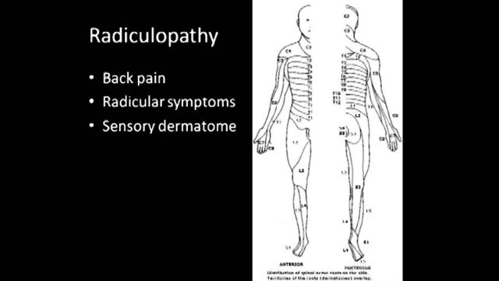And notice, very important, the L4 dermatome extends down to the medial calf area. So as we're trying to sort this out between L2, L3, and L4, if a patient has back pain, shooting pain down the leg, and the medial calf is numb and tingly, that would suggest primarily the L4 nerve root is involved.